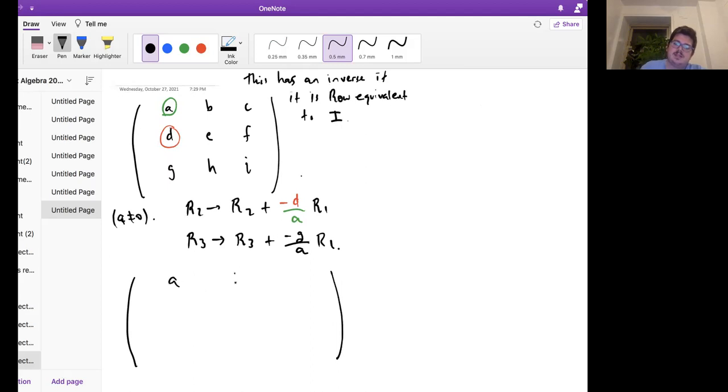So we have a, b, c on top, and we zeroed out these. Now we have e minus bd over a, f minus cd over a, h minus gb over a, and i minus cg over a. Everyone agree with that?